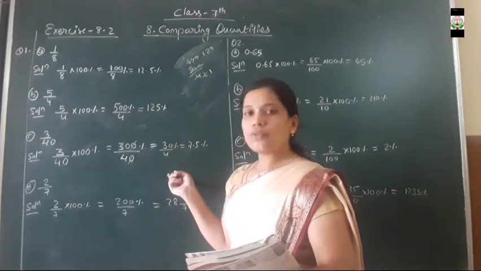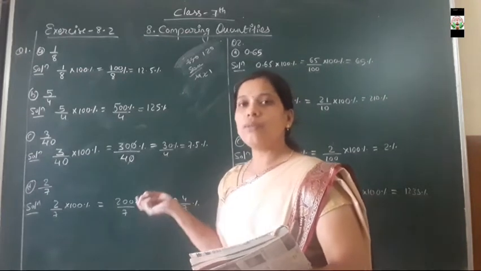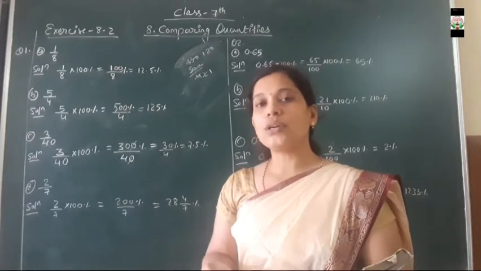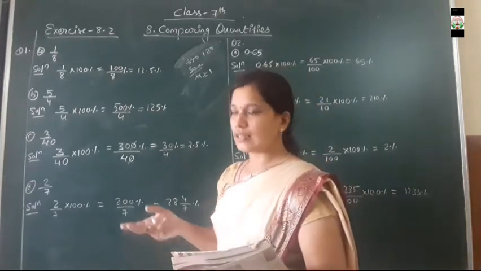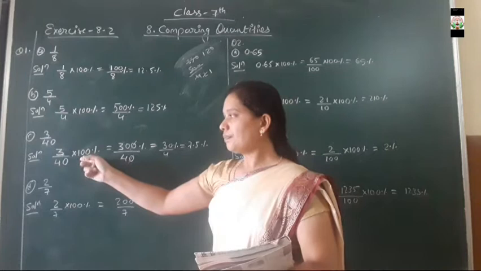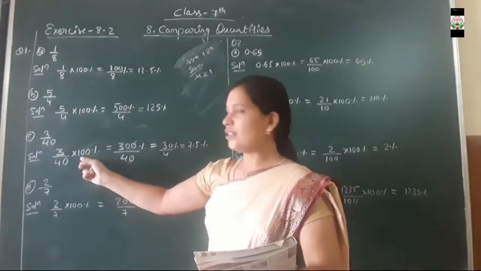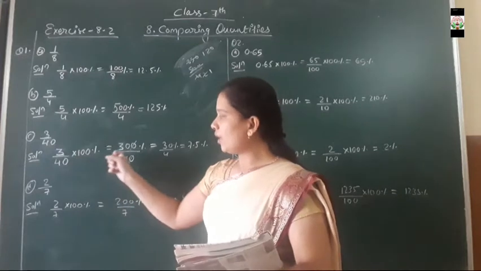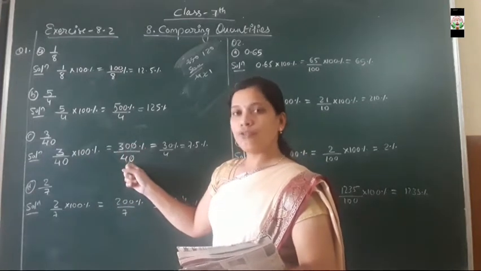Similarly for the C part of the question, what question do we have? 3 by 40 is a fractional number, and we have to convert it in the form of percentage. In order to convert 3 by 40 into a percentage, we multiply 3 by 40 with 100%. So it becomes 300% upon 40, isn't it?